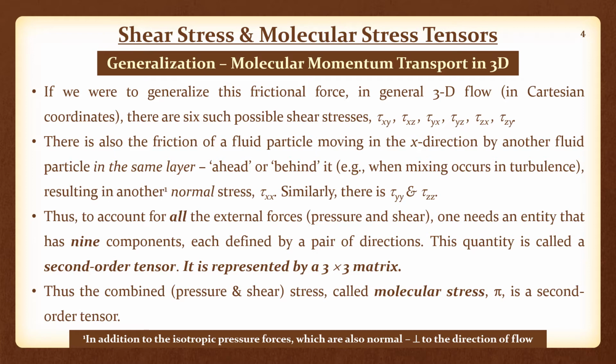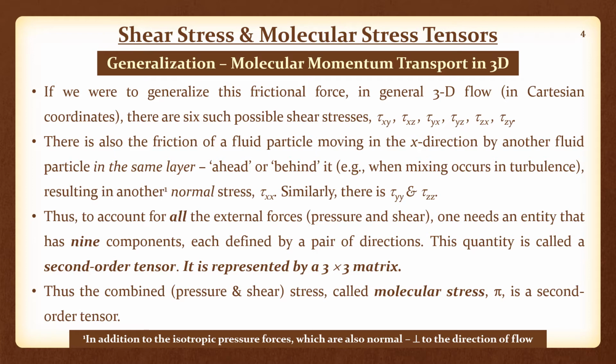and then xy, yz, zx, and their complementary yx, zy, and xz components. Now, in addition to this, there is of course the pressure along the x direction, the y direction, and the z direction.